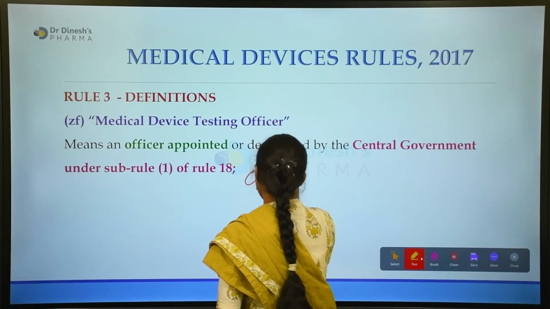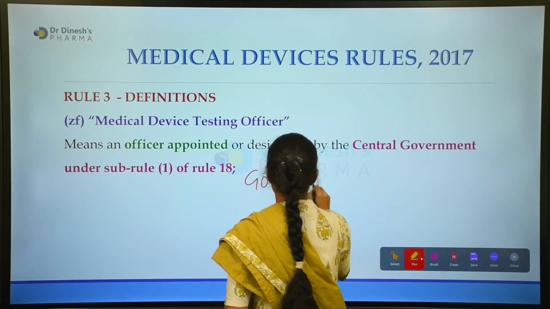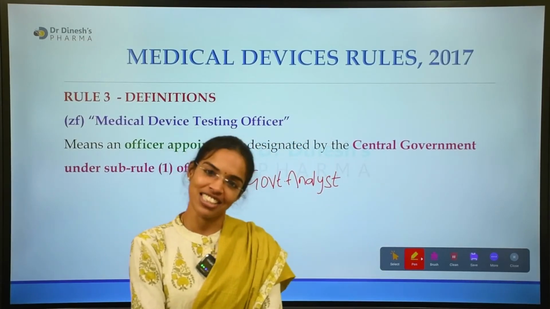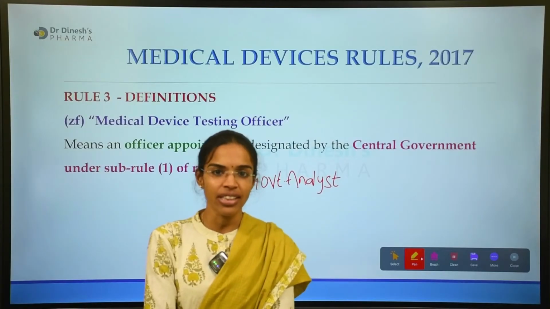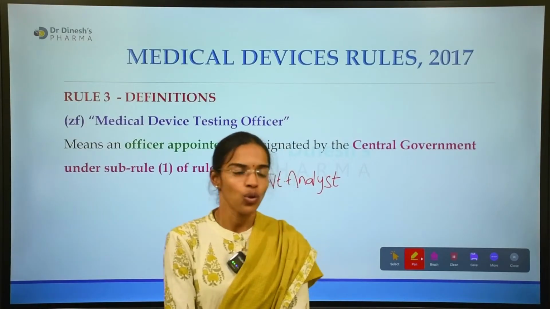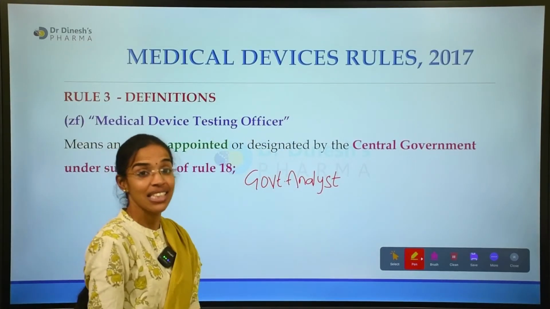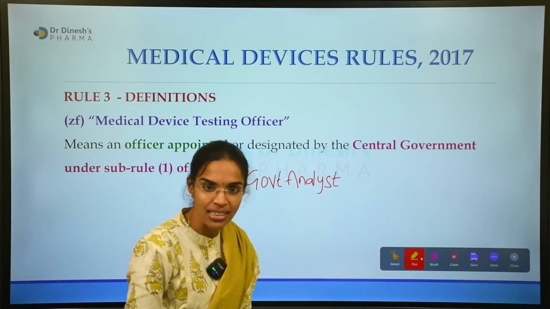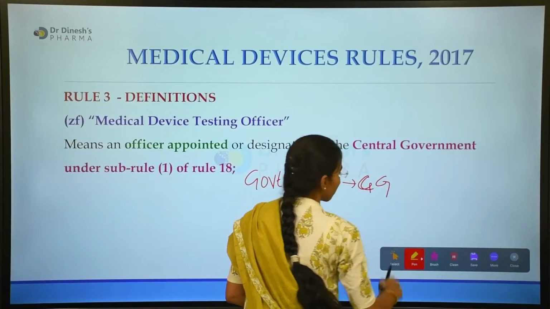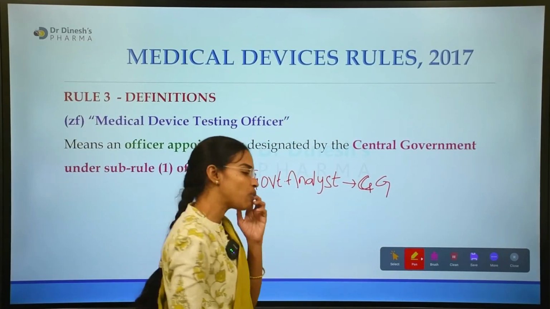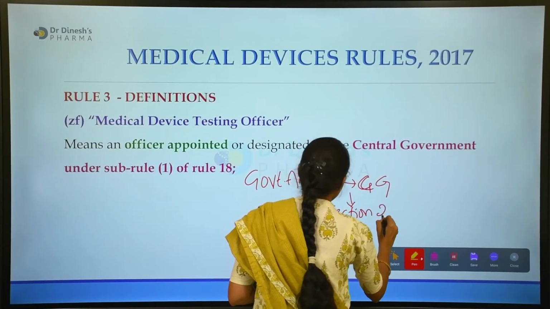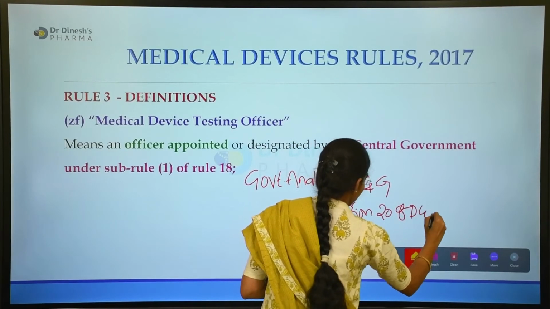Any government analyst. So here it is not the drugs inspector, as we discussed earlier with ZD. Here, in the medical device testing officer, it is any government analyst appointed or designated only by the central government, not by the state government, according to section 20 of the D&C Act.